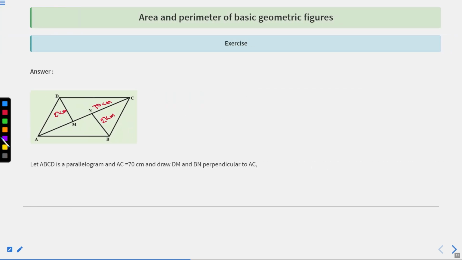Now we are asked to find the area of this parallelogram. So how do we do this problem? If you see the problem carefully, we have the diagonal AC and lengths BN and DM.